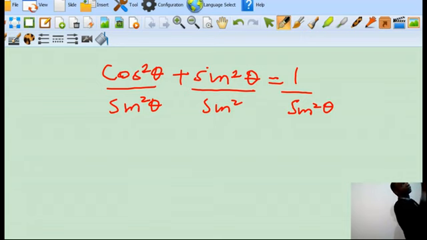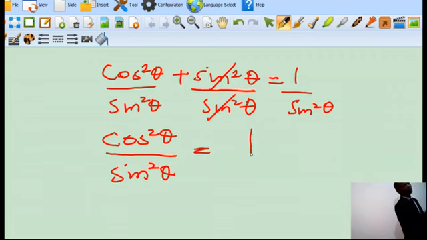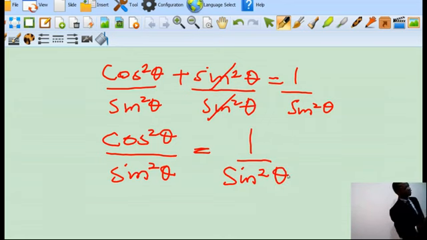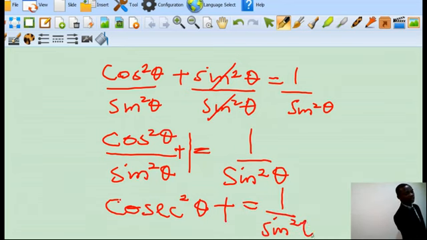Now, you can eliminate this out to give cos square theta all over sine square theta, and 1 over sine square theta. And you remember that cos square theta over sine square theta will give you cosec square theta. So cot square theta plus 1 is equal to 1 over sine square theta.